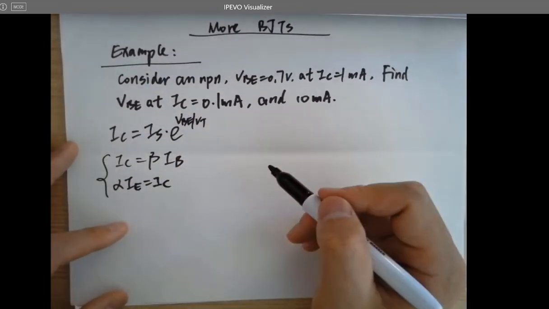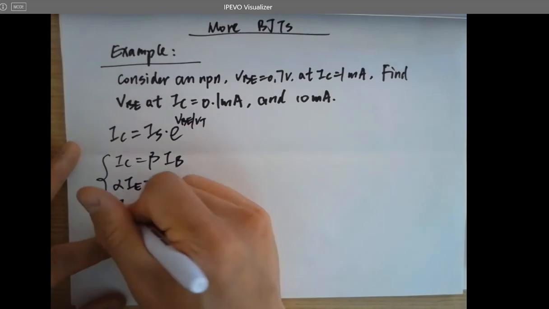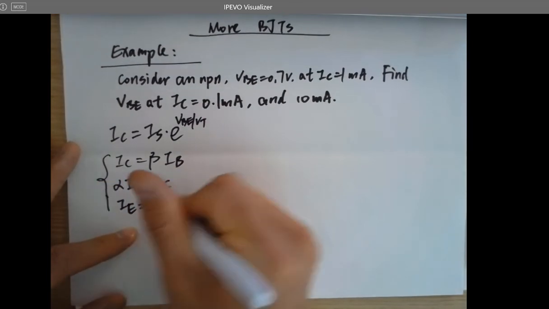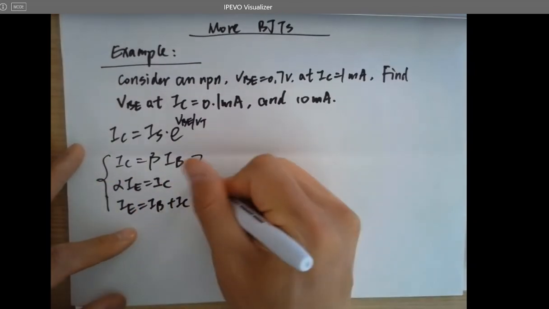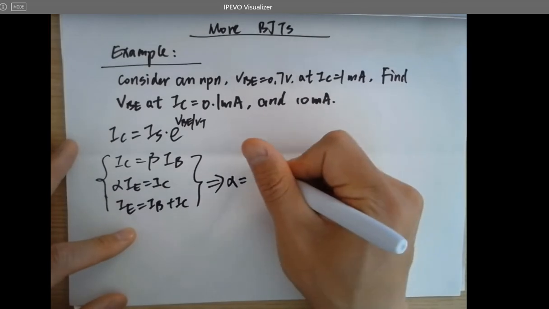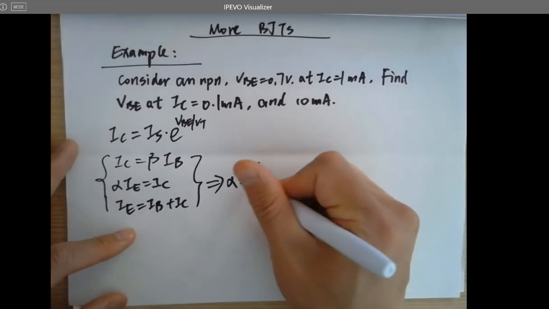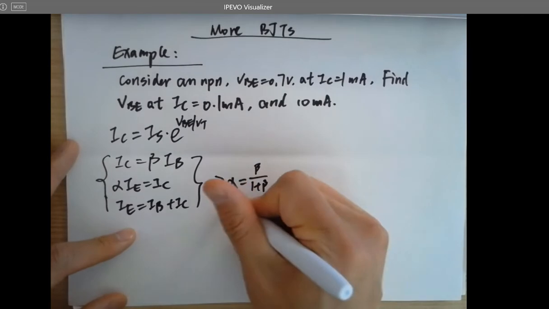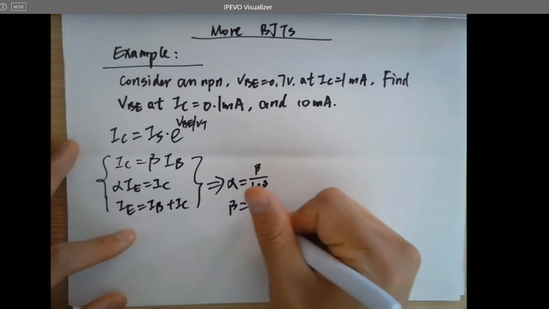Because you know this, and plus IE equals IB plus IC, you can derive it and find out alpha is beta over 1 plus beta, and beta equals alpha over 1 minus alpha.